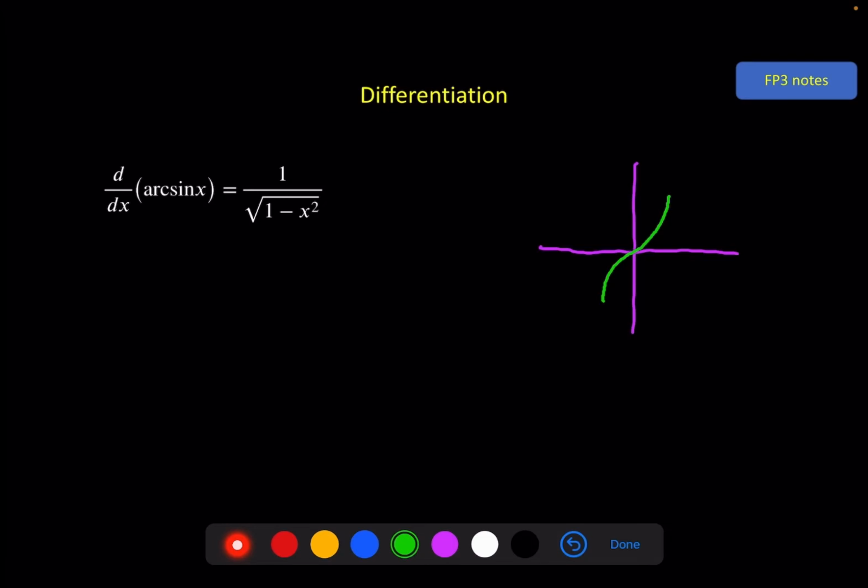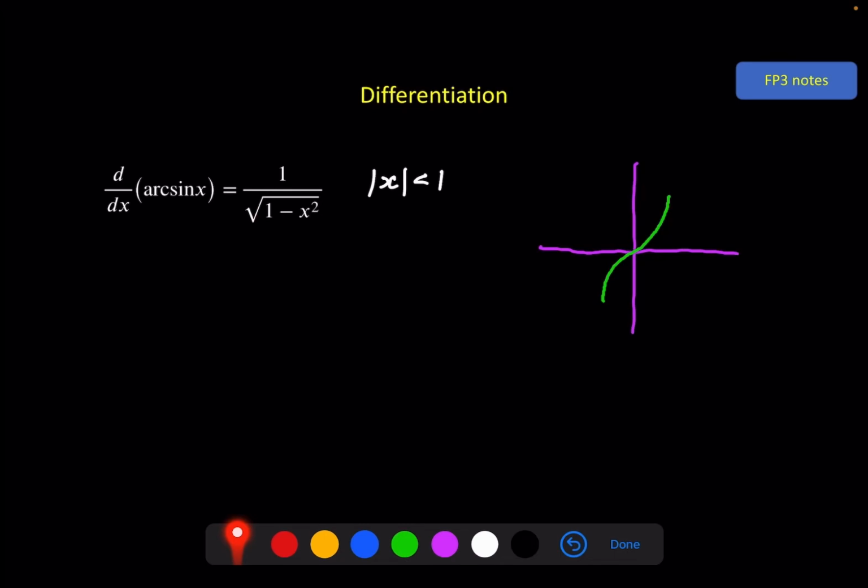And I should put on here, the magnitude of x should be less than 1. And you can see why in the graph here, but the reason for drawing the graph is to show that all of the gradients along here are positive. So I only need the positive root.